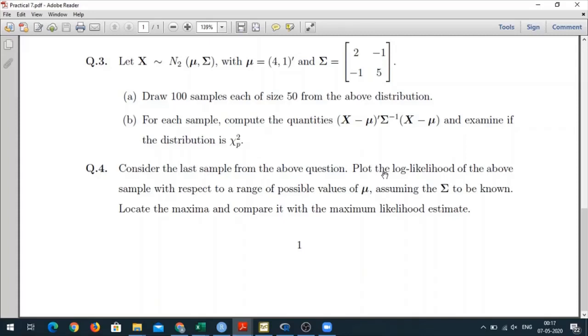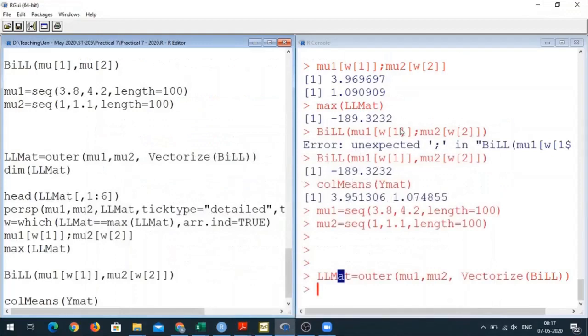I'm sending you the commands also, so you can have them with you. If you get internet connectivity, try to see the help of the new commands. For example, try to see help of outer. See a couple of examples which are already worked out somewhere. Same story with persp. Try to read what the arguments of persp are, what they can do and so on.